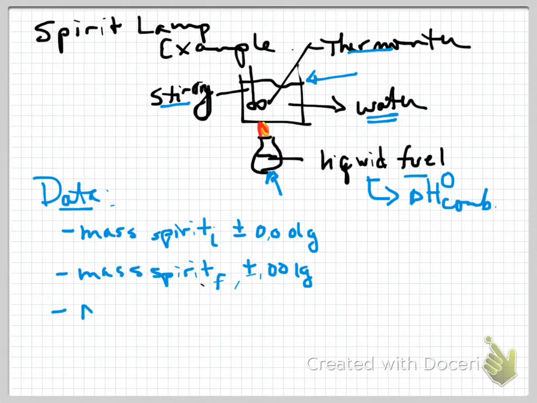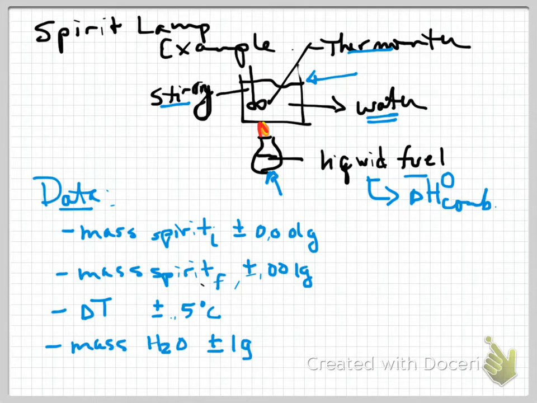We're going to measure the change in temperature, and let's call that uncertainty 0.5 degrees. And then we're going to have the mass of water. The mass of water is typically going to be more than the spirit, so we sometimes use a different scale for that, plus or minus a gram.